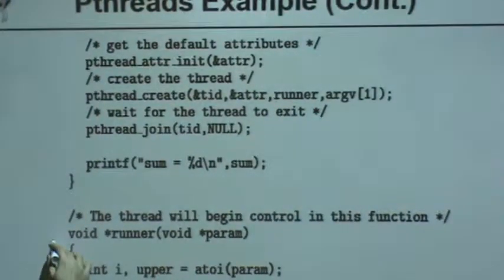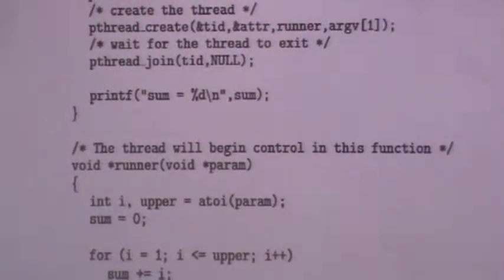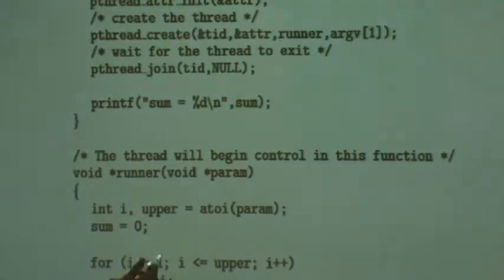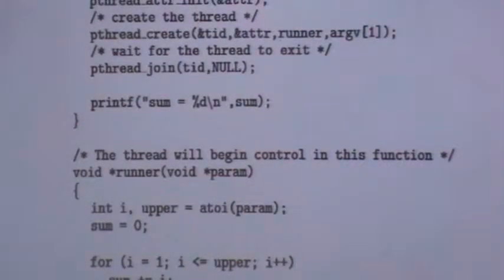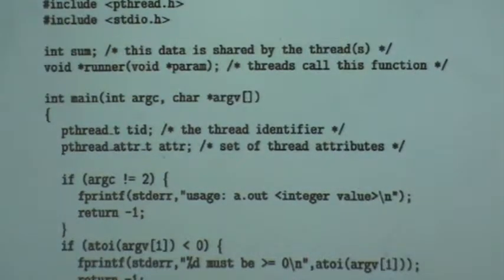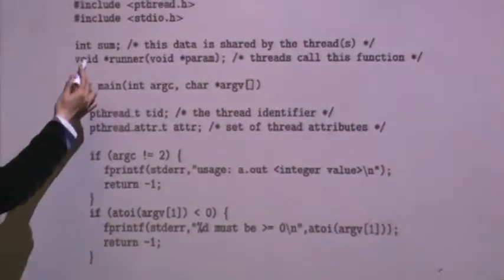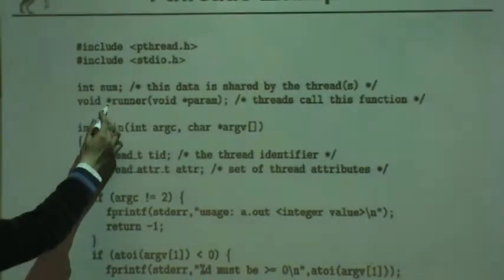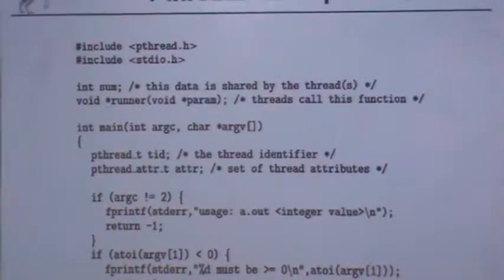And this runner method is here. You will see it's the summation from 1 to the given number. Also, there's global data, so the main and the runner can share this data.